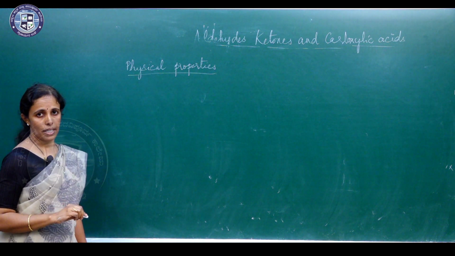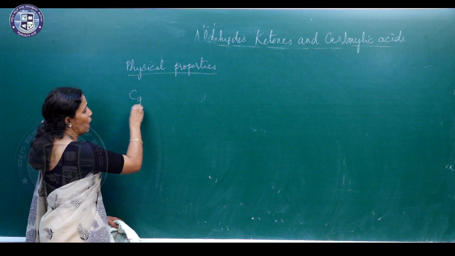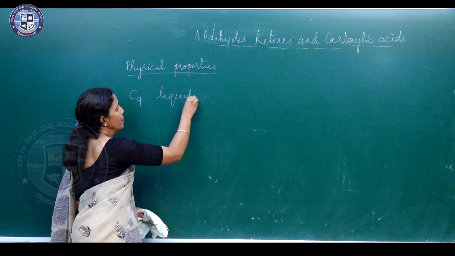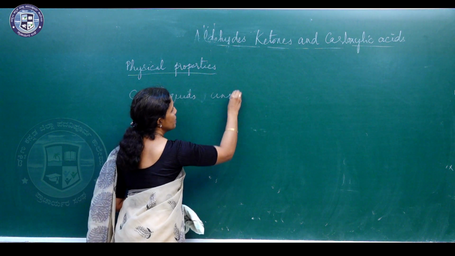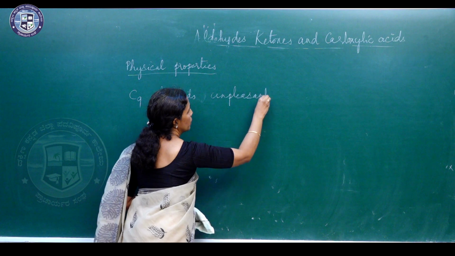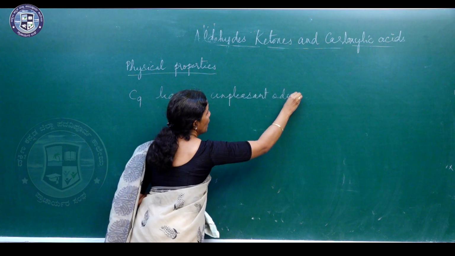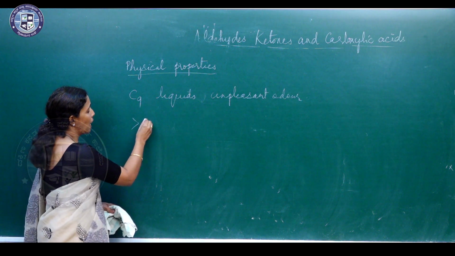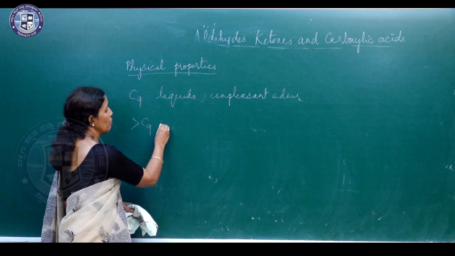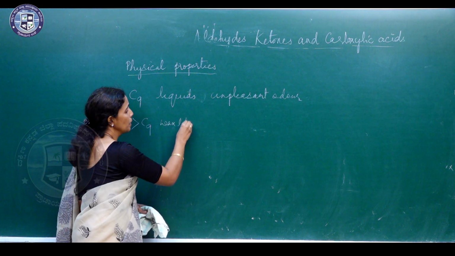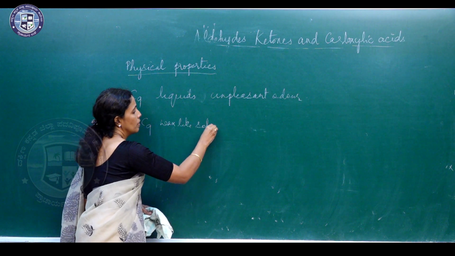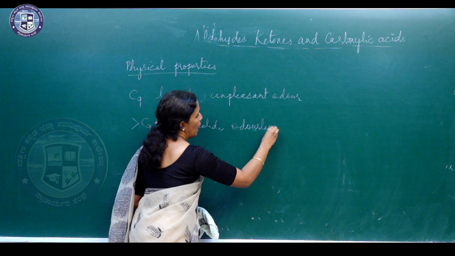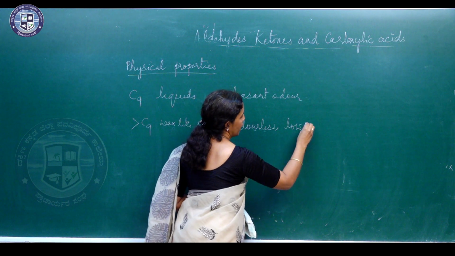Aliphatic carboxylic acids having carbon atoms up to 9 exist as liquids and have an unpleasant odor. But those carboxylic acids having more than 9 carbon atoms are wax-like solids, and they are odorless as they have low volatility.